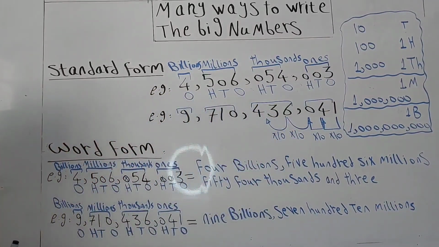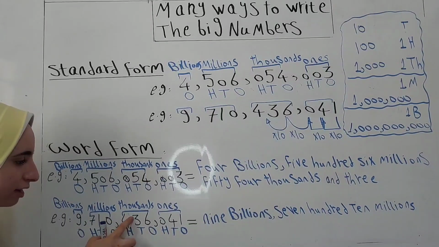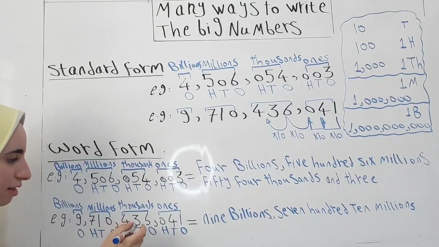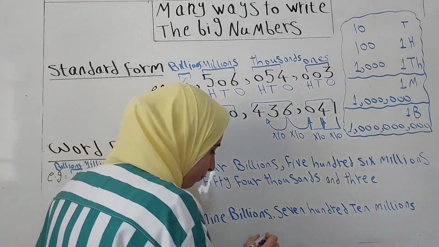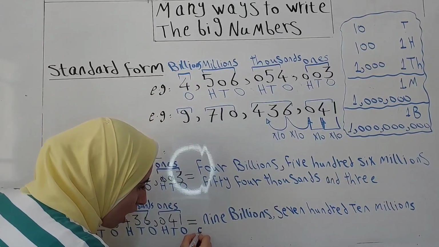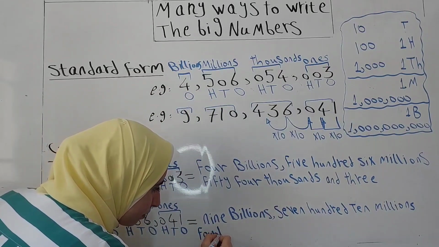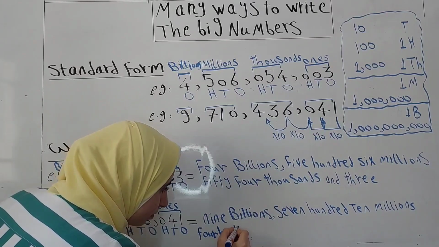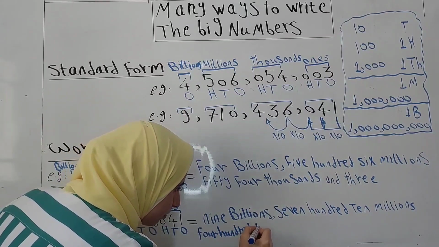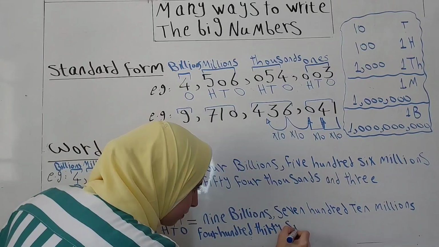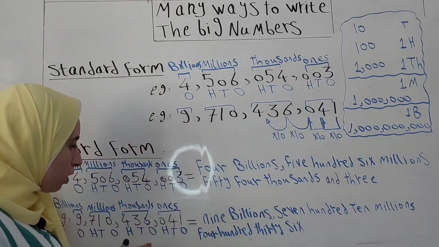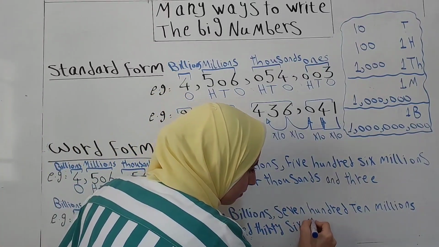Then we go to the family of thousand. We read 436. 436 what? 436,000.